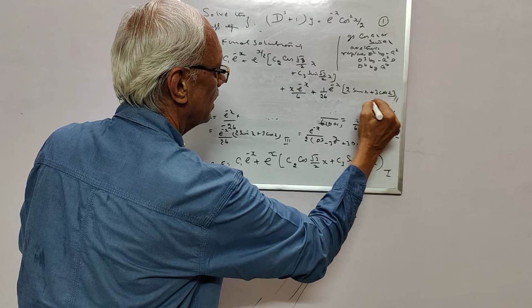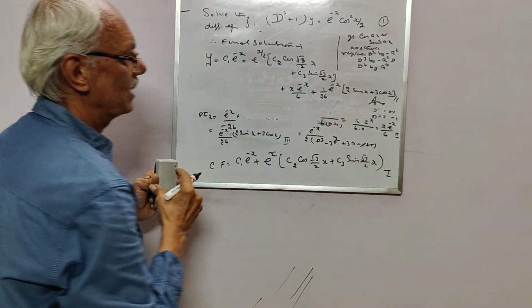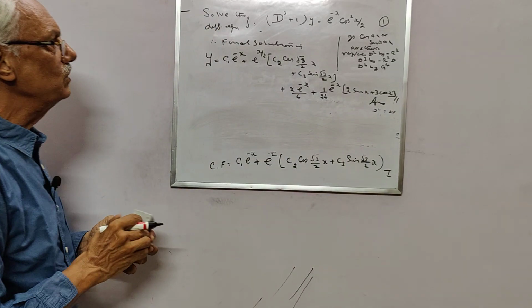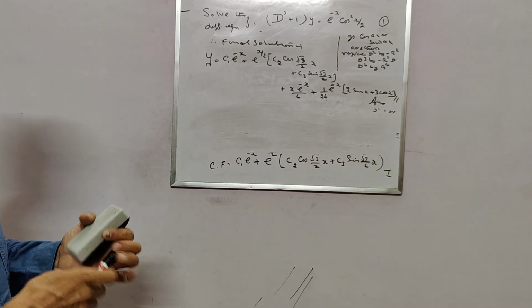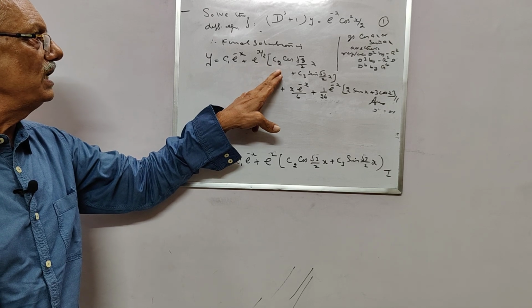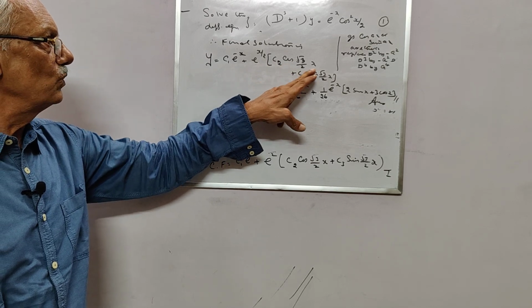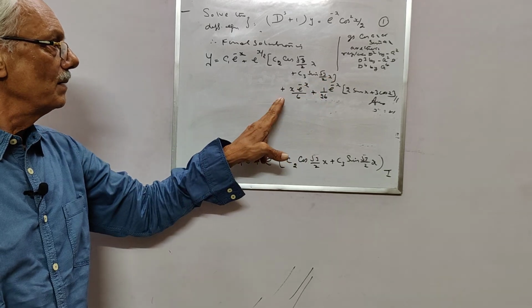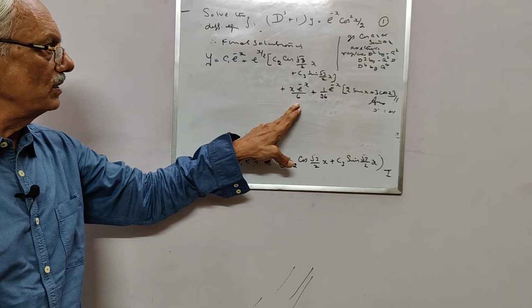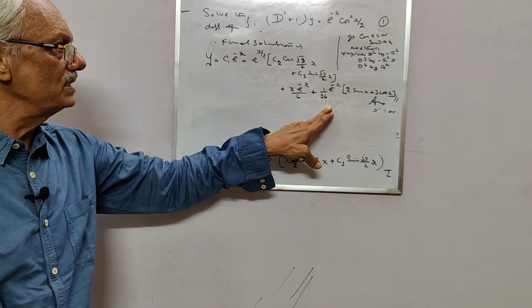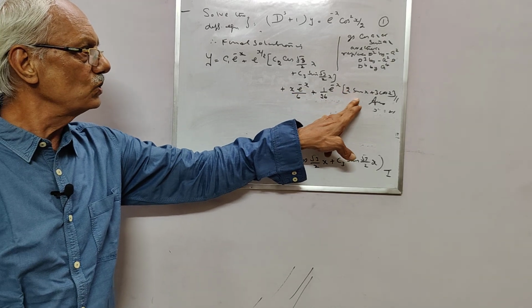So this is your answer. So ultimately we have got the solution as y is equal to C1 e to the power of minus x plus e to the power of x by 2 into C2 cos root 3 by 2 of x plus C3 sin root 3 by 2 of x, plus particular integral 1, x into e to the power of minus x by 6, plus 1 by 26 into e to the power of minus x into 2 sin x plus 3 cos x.